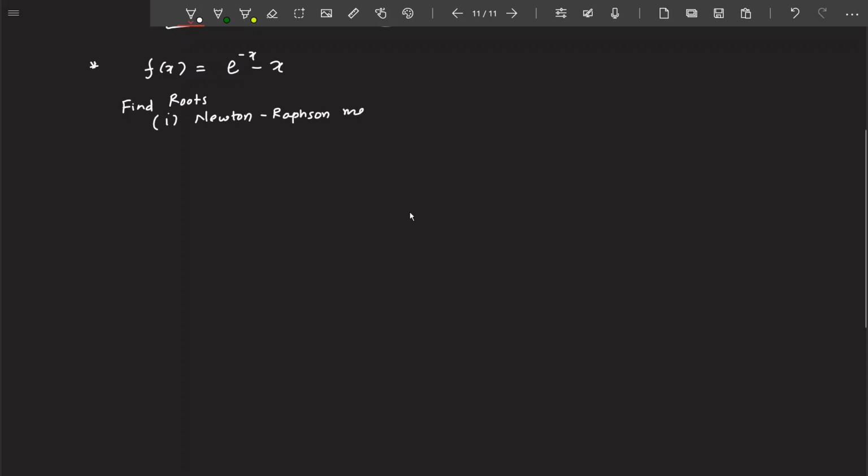They have given us the starting value, because you have to start from somewhere when you talk about Newton-Raphson. So they have given x0 as 0.